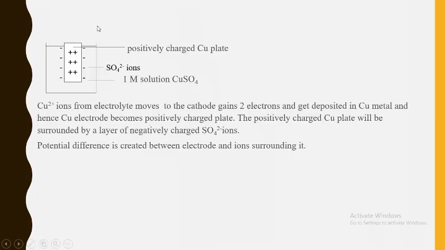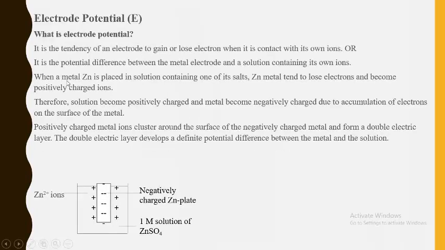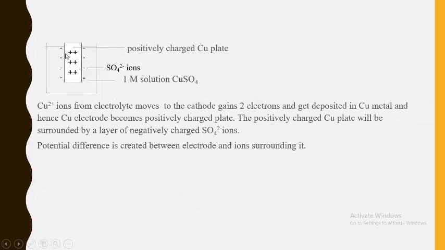But in the process, what happens when they are accumulating around the copper plate? Simultaneously, sulfate ions, that is the negatively charged ions, will surround the plate, because this is a positively charged plate. Unlike zinc, which is a negatively charged plate and is surrounded by positively charged zinc ions forming the electrical layer, here copper 2 plus ions in the solution will move to the copper plate, ready to receive the two electrons flowing from the wire.